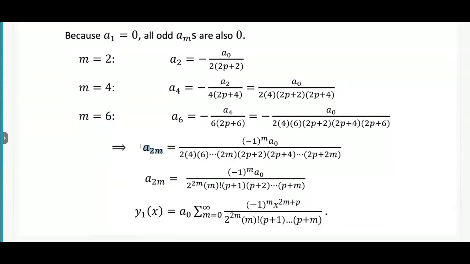So we observe the pattern: A_2m and A naught have a relation with this scalar.